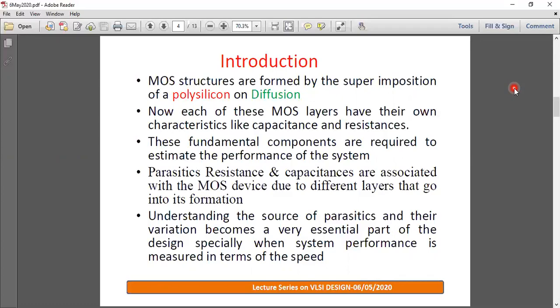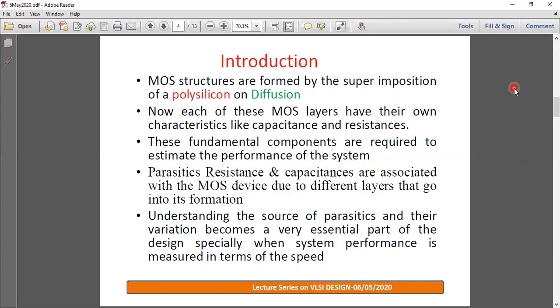Each of these MOS layers will offer some parasitic resistance value and a parasitic capacitance value. And these parasitic resistance and capacitance values should be known so that we can estimate the performance of a system. So understanding the source of these parasitics is a very essential part of a design because the system performance is measured in terms of speed. So as you know, delay is equal to R into C, resistance into capacitance.